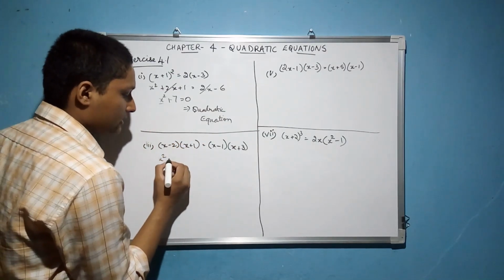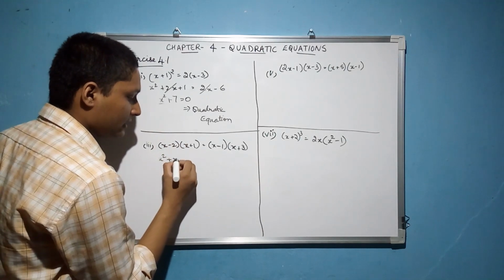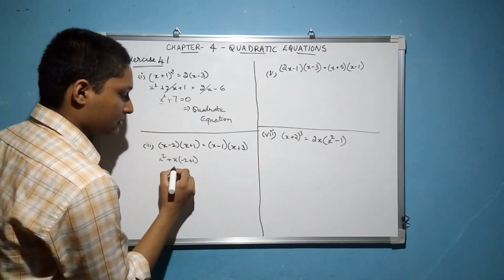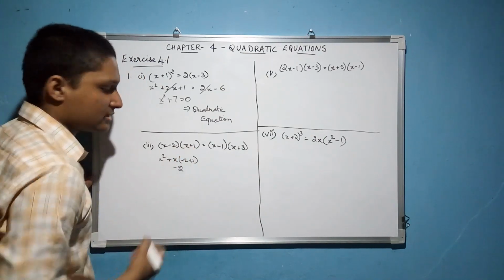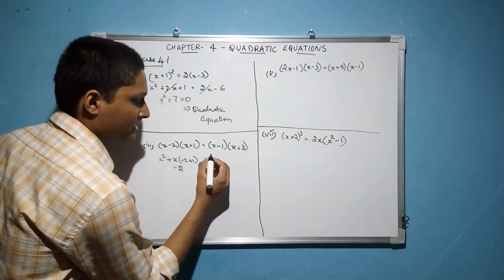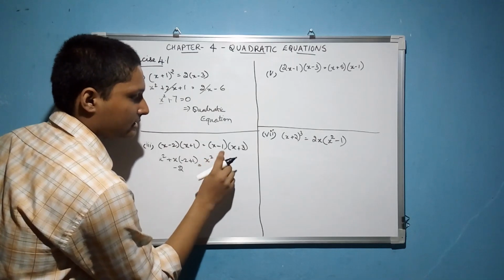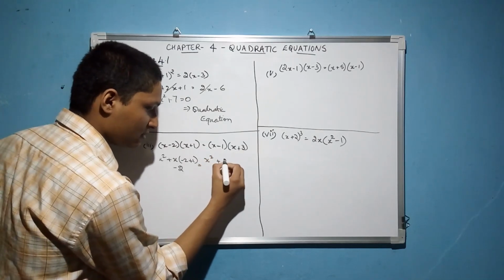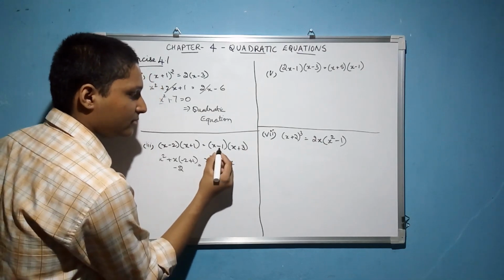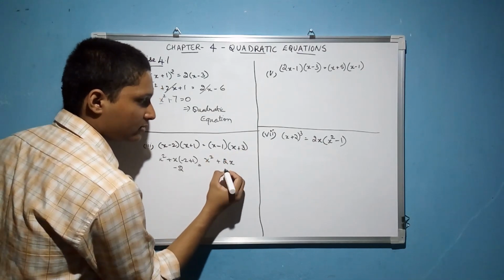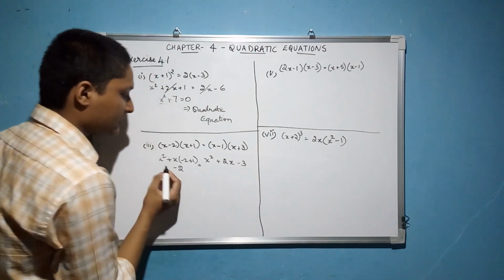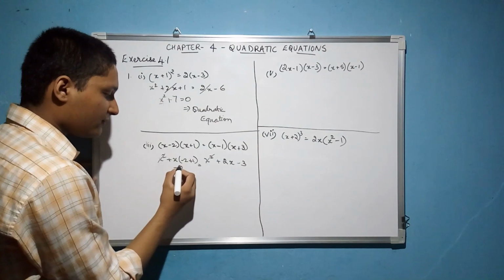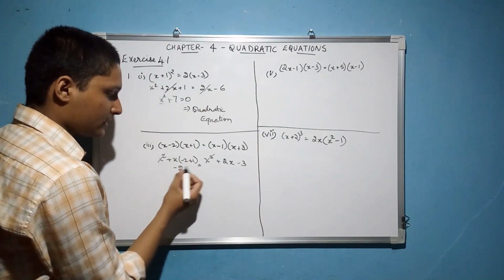That is x square plus x into (minus 2 plus 1), then minus 2 into 1 is minus 2, which is equal to x square plus (minus 1 plus 3), that is plus 2x, then minus 1 into 3 is minus 3. This much you are going to get. So the x square terms get cancelled. You get from here minus 2 plus 1 is minus 1.